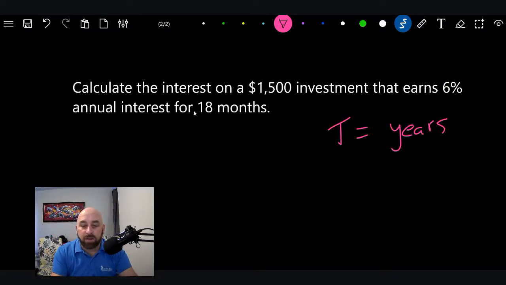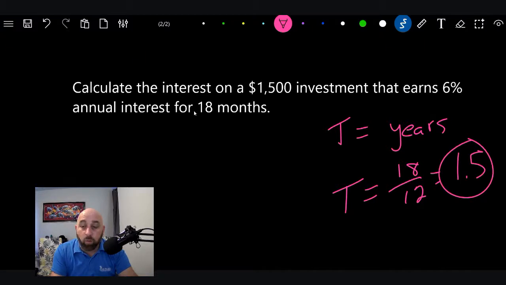So 18 months would be T equals 18 over 12. That's important because you don't multiply by 18, you multiply by 18 over 12, and that reduces to 1.5. So that's 1.5 years.